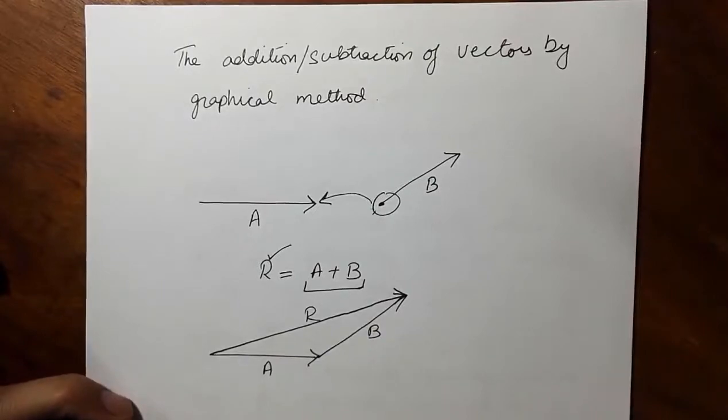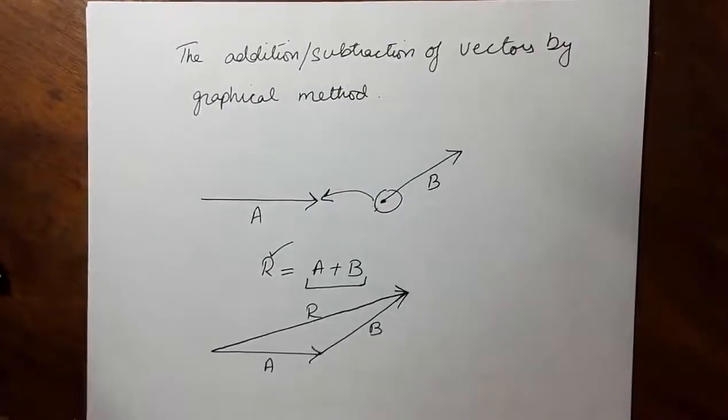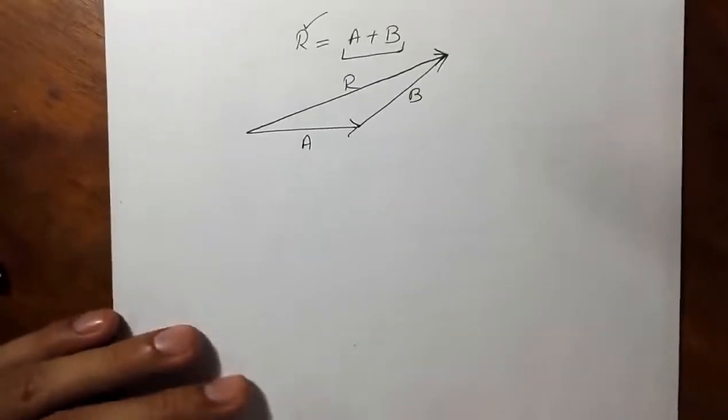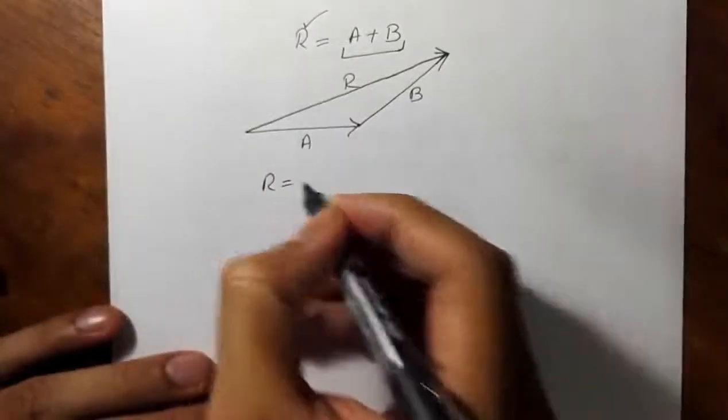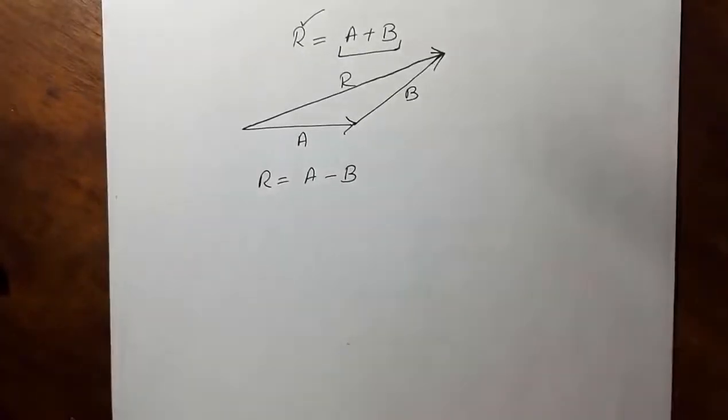Now what if these two vectors A and B are the same, and we have to find our resultant vector R, that is equal to A minus B. So what will we do now here?